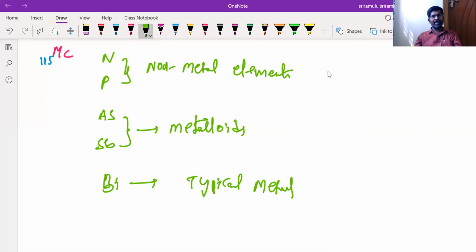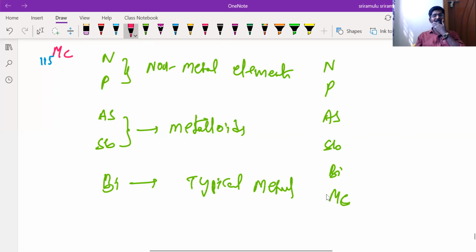Once again, this is the nitrogen element, phosphorus element, arsenic element, and stibium element. The last one is bismuth. Now this is our latest element, moscovium, but it is not included in our recent periodic table.